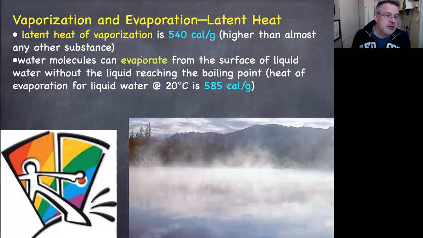So when water molecules evaporate from the surface of the liquid, they require this extra piece. If you were to try and boil water from 20 degrees C, a typical ocean surface temperature, it would take 585 calories per gram, 540 to do the evaporation, and the other 45 to get from 20 up to closer to boiling.